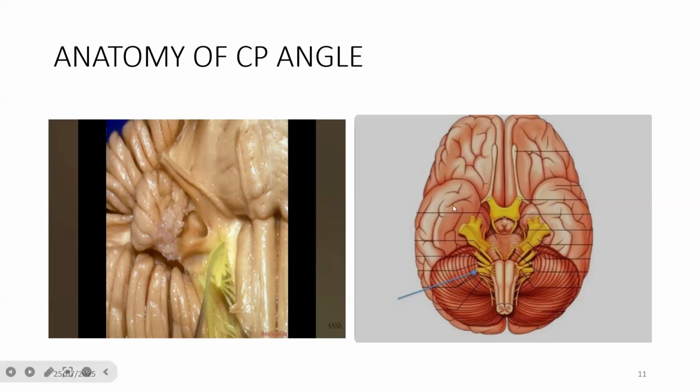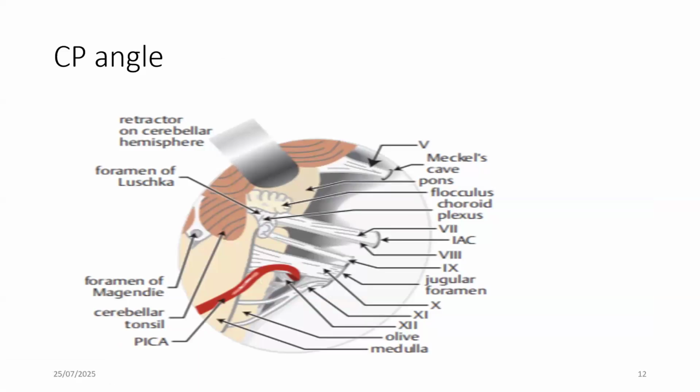Then this image gives a view of the CP angle, and it shows the neurovascular structures, especially the nerves, as they originate from the brainstem, their point of origin, and then their point of exit, the foramen through which they pass.